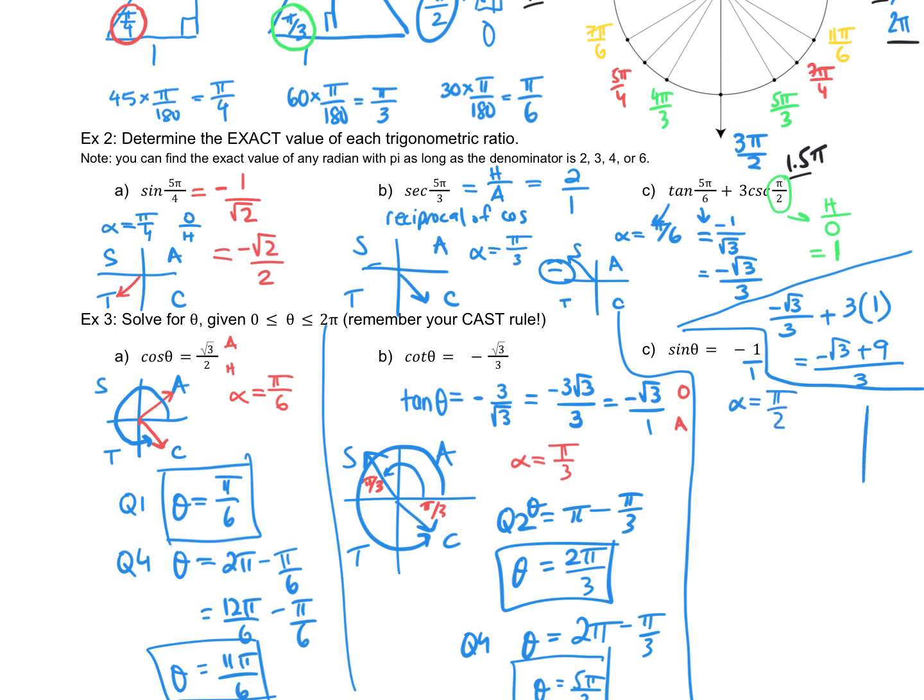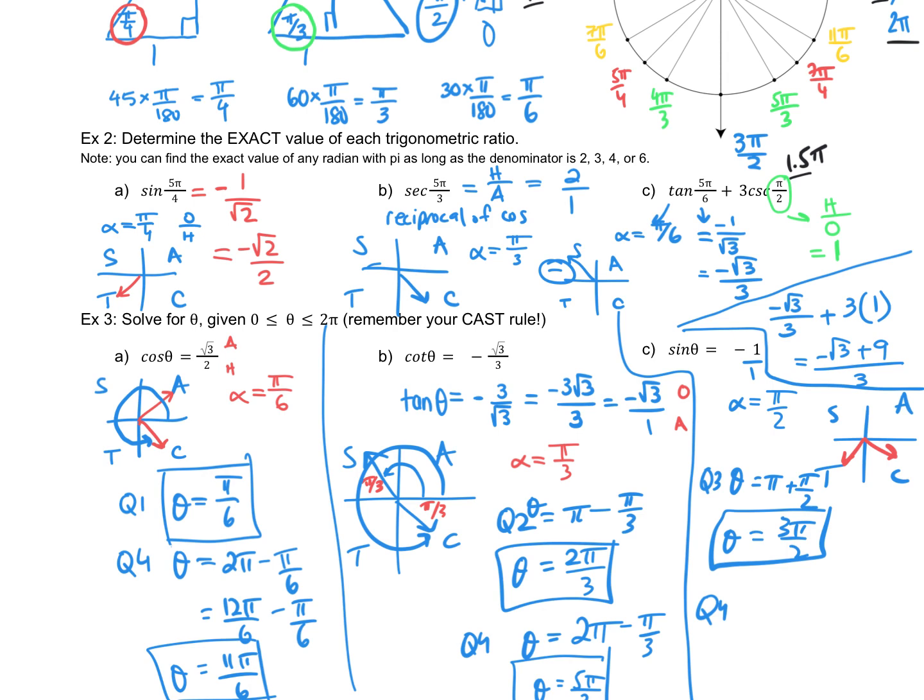Now in terms of my quadrants, I want sine to be negative, so that's going to be in tan's quadrant and cos's quadrant. So in quadrant 3, we're doing pi plus pi over 2, which is 3 pi over 2.